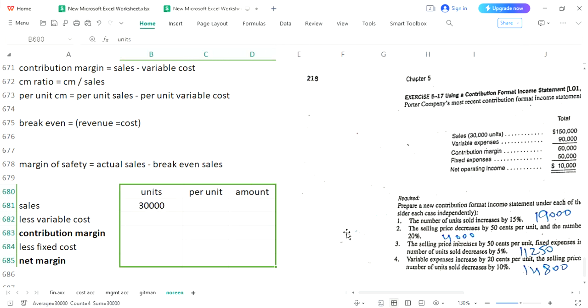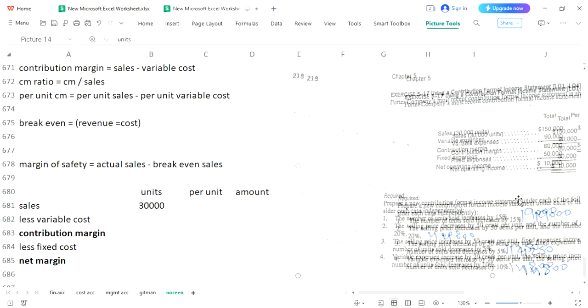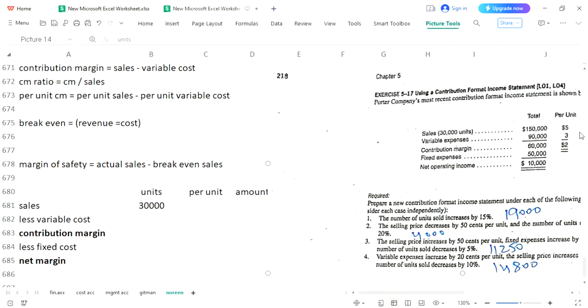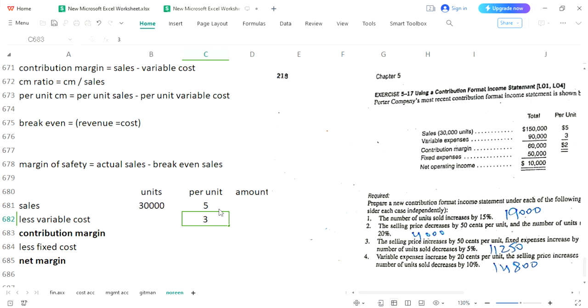30,000 are the units, and now you can see that 5, 3 and 2 are per unit. 5 is the per unit sales price, 3 is the per unit variable cost, and contribution margin would ultimately be 2.